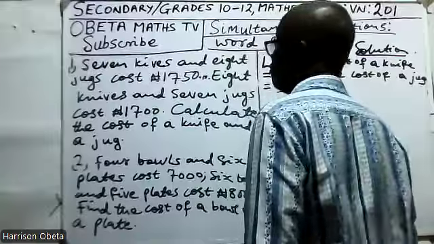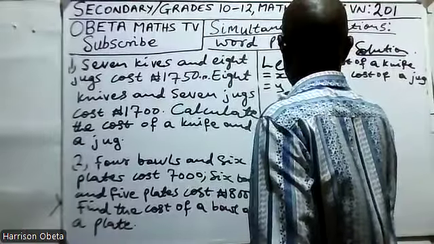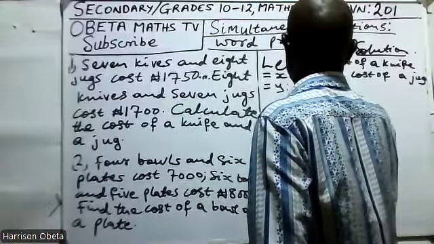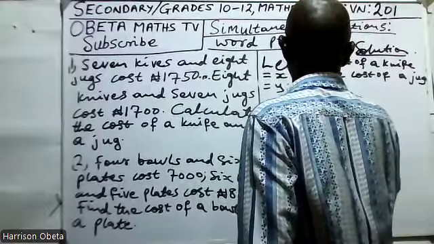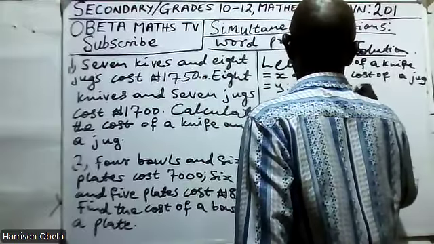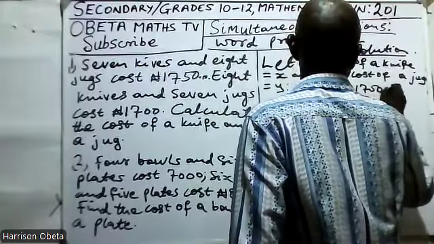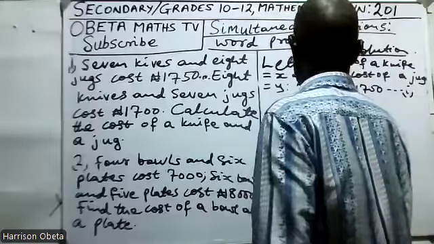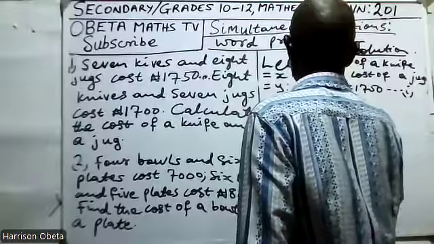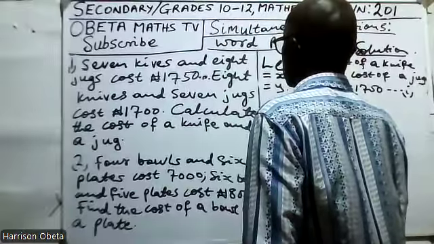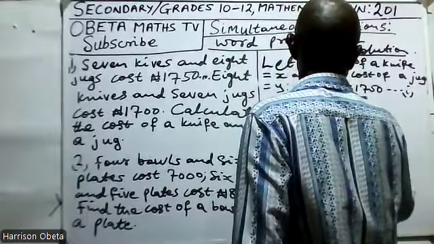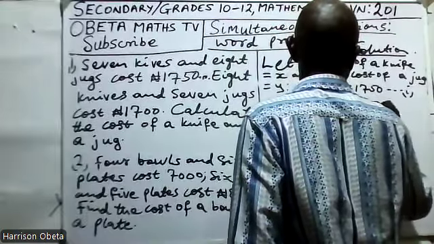So we are talking of 7x plus 8y equal to 1,750. And then secondly, 8x plus 7y equal to 1,700.